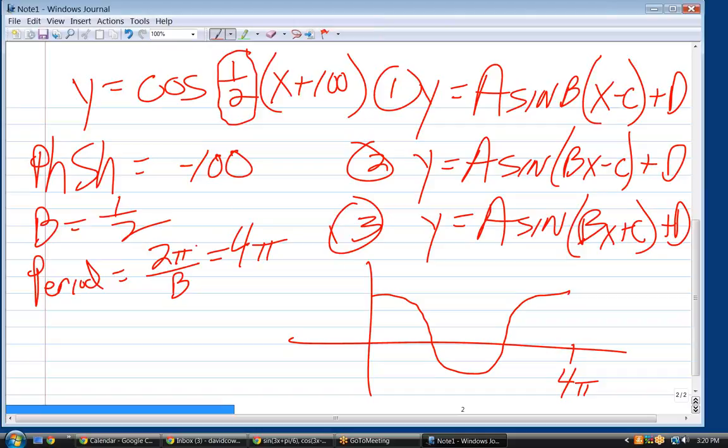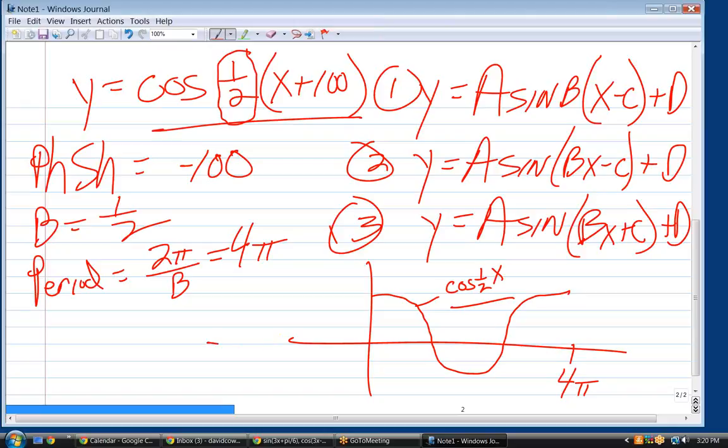I would have to stretch it horizontally because I am multiplying by a number less than 1. And that's the period, 4 pi, the place where this function starts and where it starts to repeat. So this would be cosine of 1/2 x. Well, if I take this function and horizontally shift it to the left by 100, then I will have this.